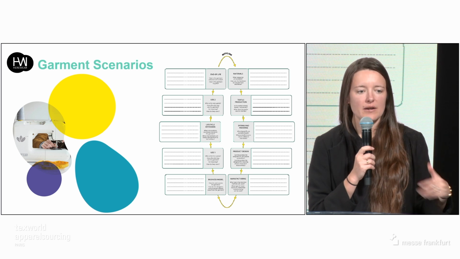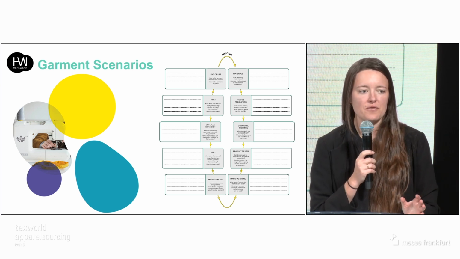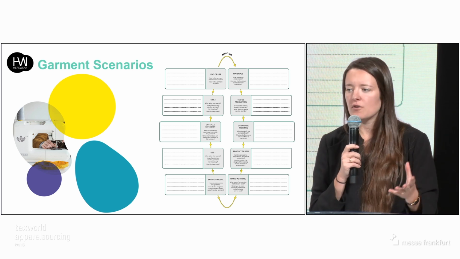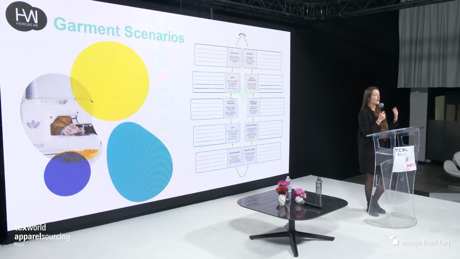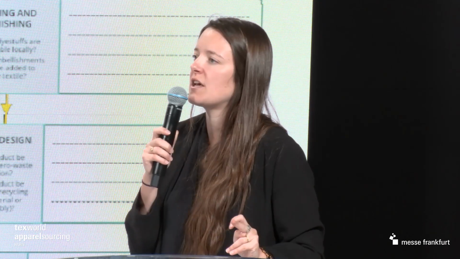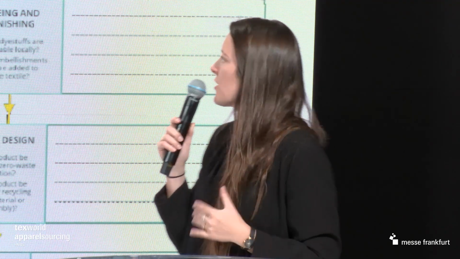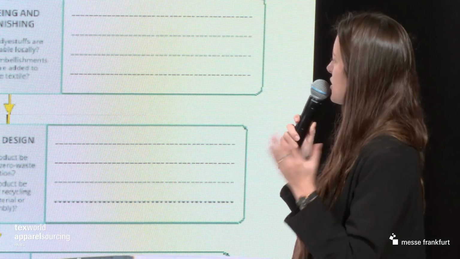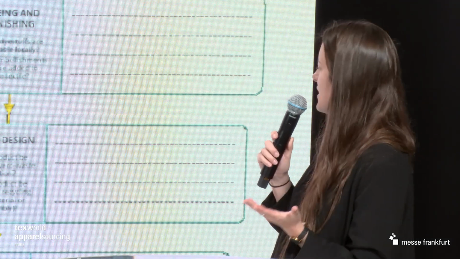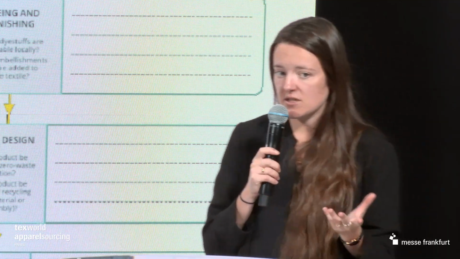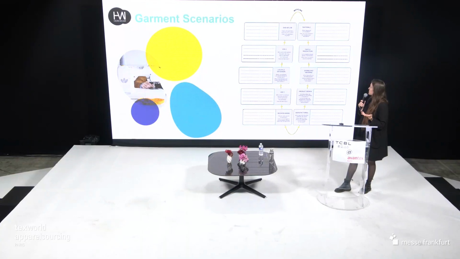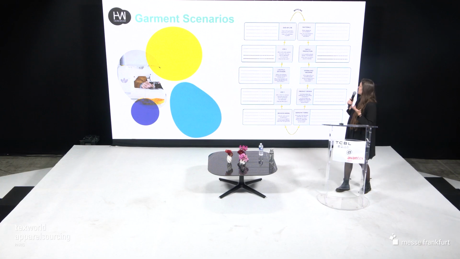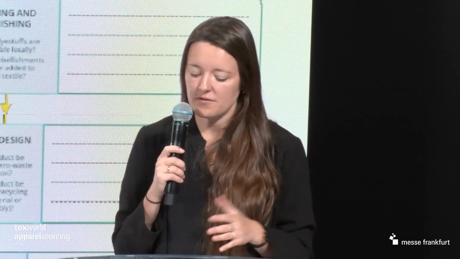It's got a full life cycle approach, so it really guides you to think about your product from the material extraction, describing what these materials are, where you've sourced them, what precautions you've taken in doing so, and then going through your textile production, dyeing and finishing, product design, manufacturing, thinking about the business model and the system you're putting your materials in, use, life cycle extension, use again, and then end of life.